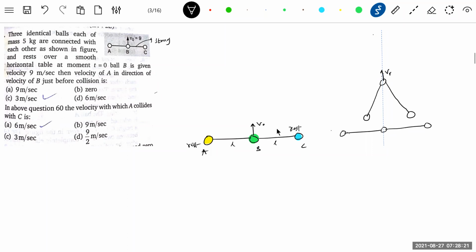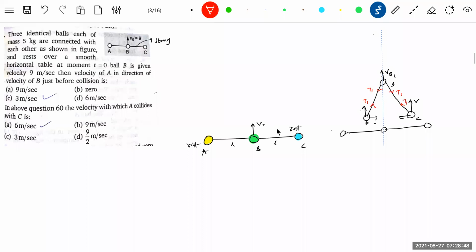This will have velocity VB1, and this will have velocity VA1. I'm showing the components of velocities. This is C, A, this is B. And definitely a tension will be acting, the string will be taut, called tension T1.